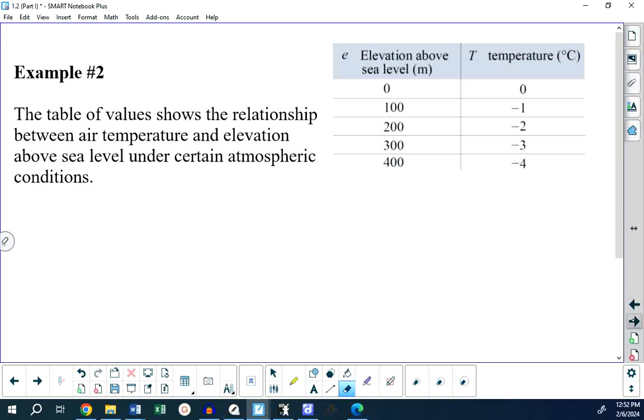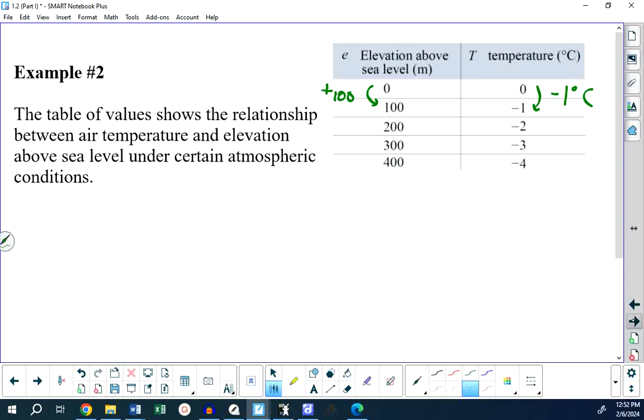Daniel. Because it goes up or down at a constant rate. And I like that you said up and then you went, oh, up or down. It happens to be going down at a constant rate, right? So every time the elevation increases by 100, the temperature goes down by 1 degree Celsius.